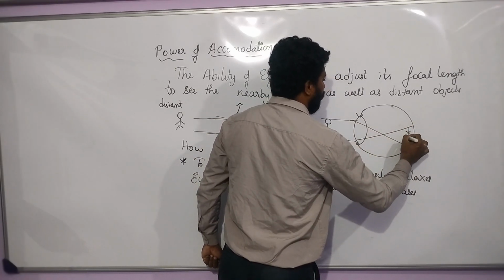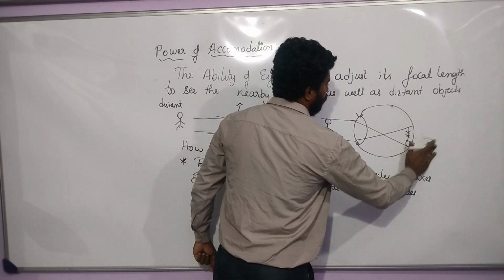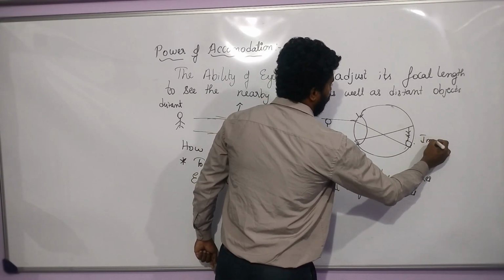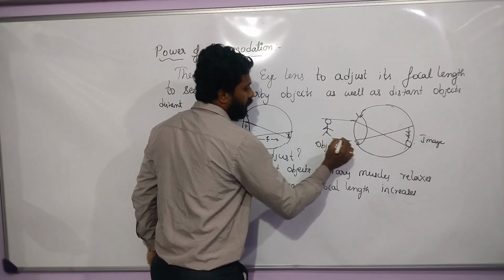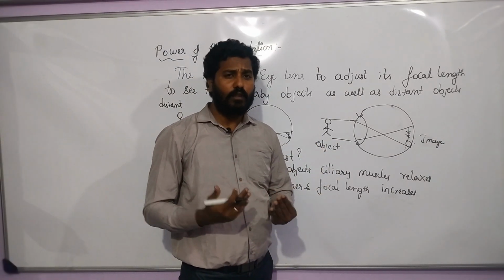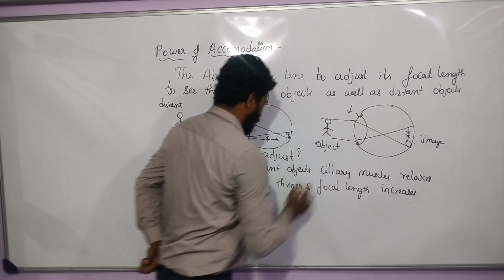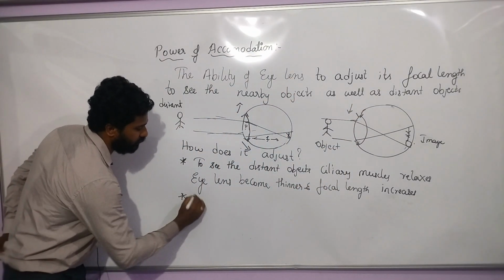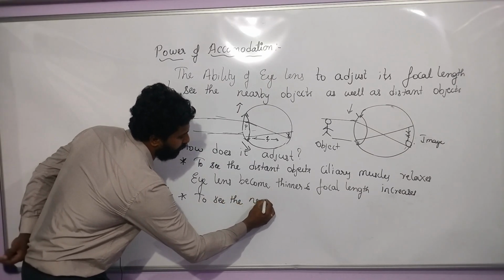I am just writing this. This is an image, sorry, this is an object. So we are seeing the nearby object. When we see the nearby object, ciliary muscles get contracted. We have to write that for seeing the nearby object.